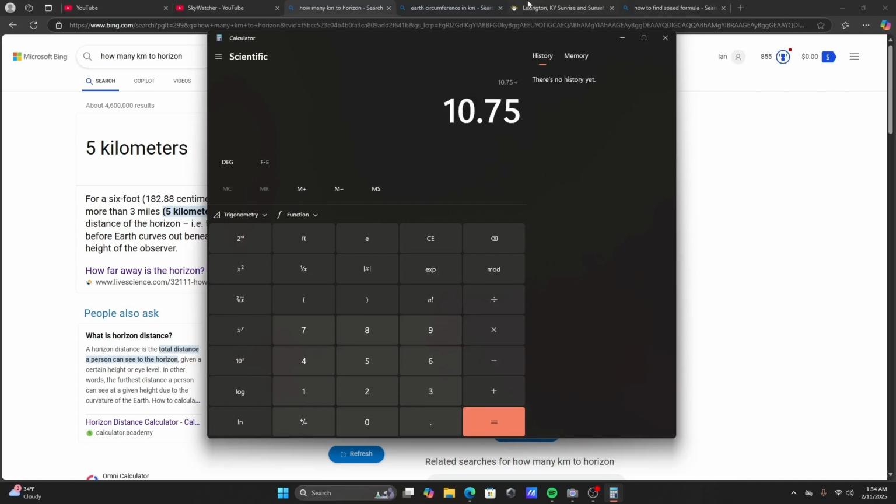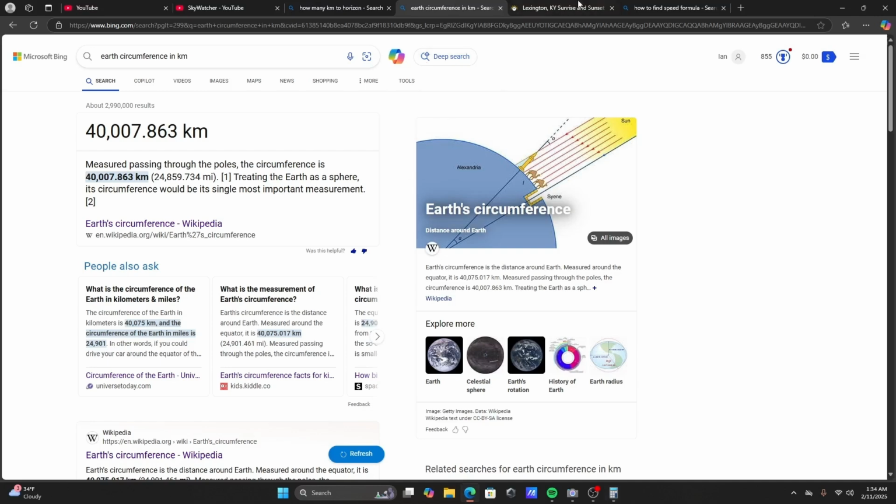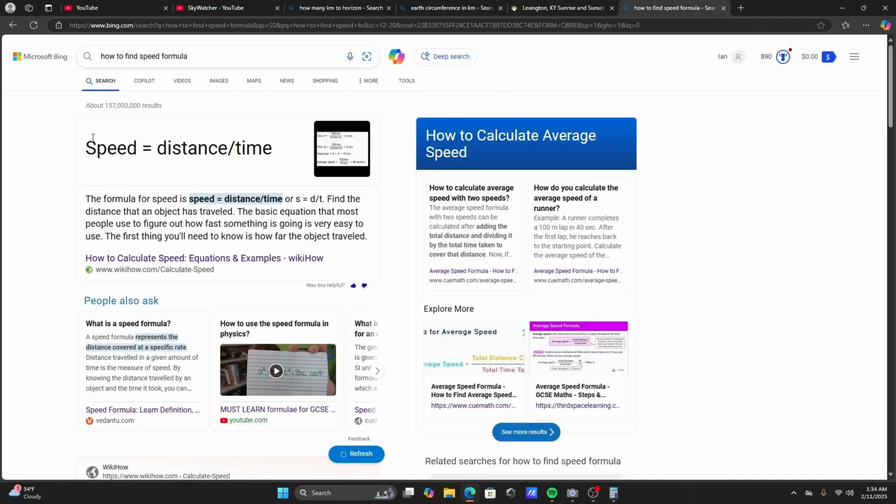Oh yeah, wait, we have to show this too. Here's our equation. Distance over time will give us the speed that it travels over that distance, over that 10 kilometer distance over 10 hours and 43 minutes.